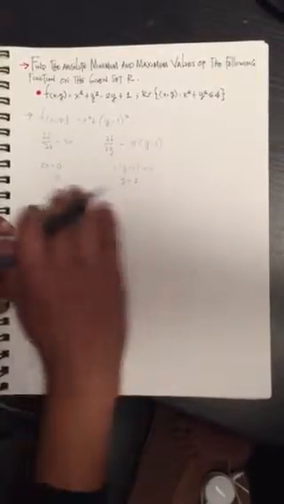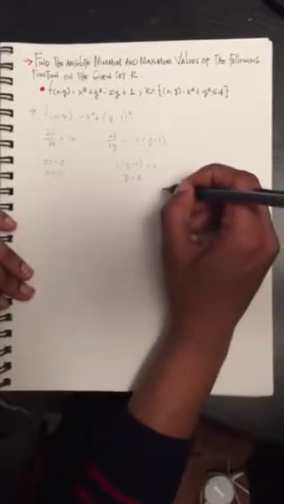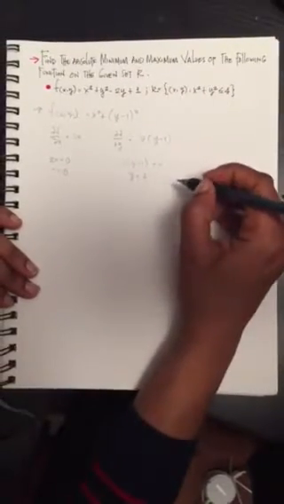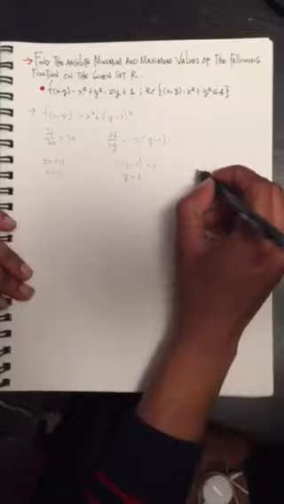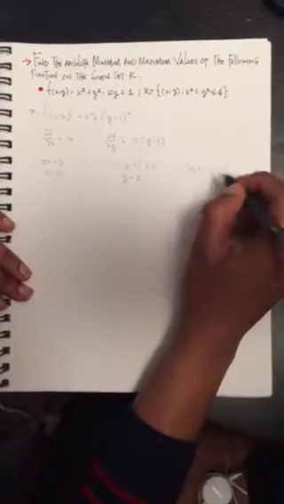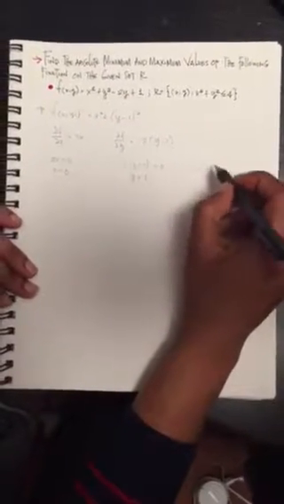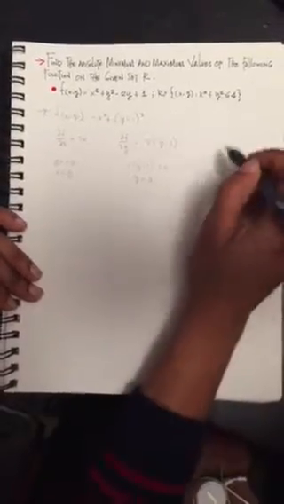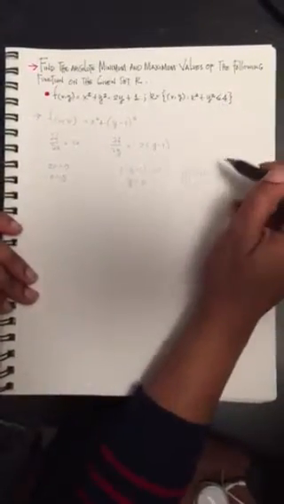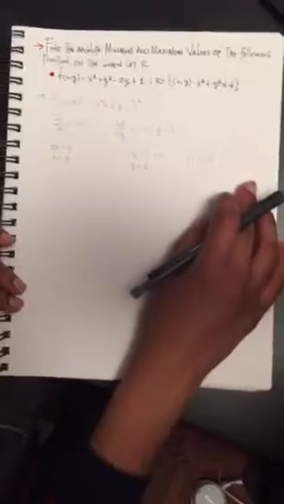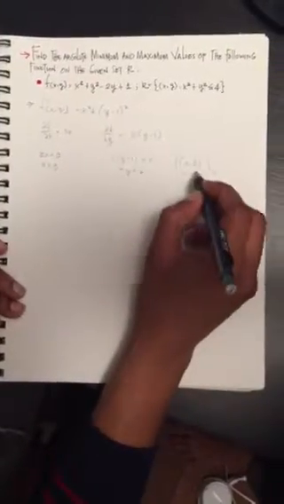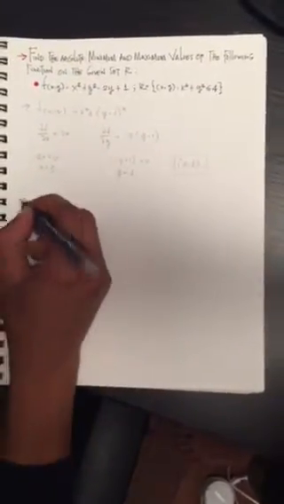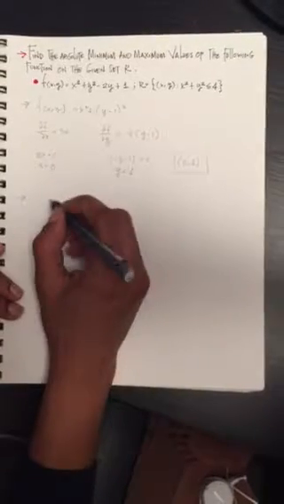This is important because it tells us the only critical point of this function is the point (0, 1). This is inside of this radius 2. Remember that we said the radius of the boundary is 2. So then we can plug these values into the original equation that we have in the beginning.